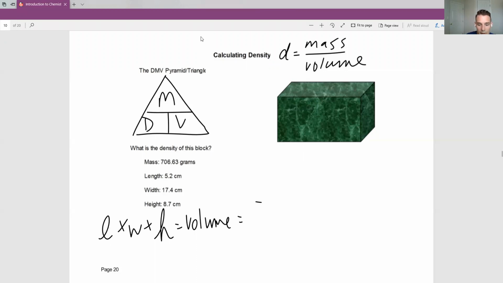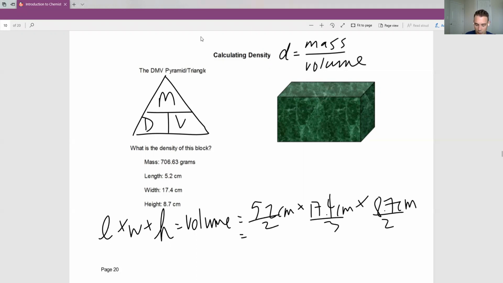So 5.2 centimeters times 17.4 centimeters times 8.7 centimeters with sig figs. So this is 2 sig figs, 3 sig figs, 2 sig figs. I need 2 sig figs in my answer, so it's 770, and my unit is centimeters cubed. A cubic thing is a volume.